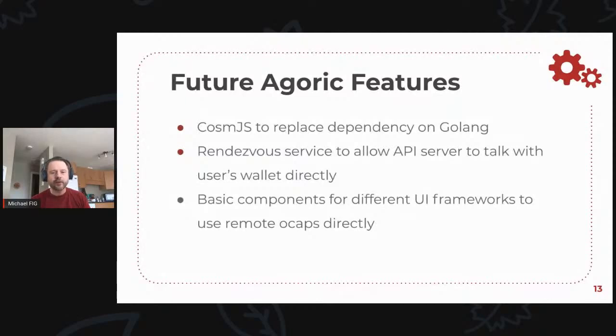So what we want to do is provide basic components, like React components or Svelte or Vue or whatever you might have, that can encapsulate the remote E method. Your UI would be able to use E within it to submit transactions to the wallet and to listen for notifications that you might want to respond to.